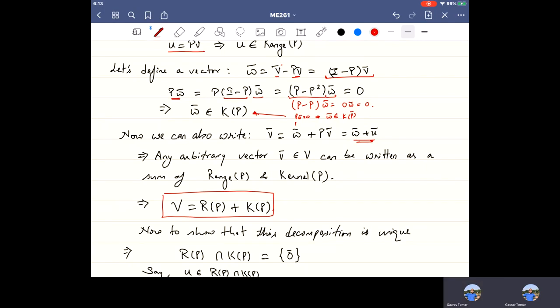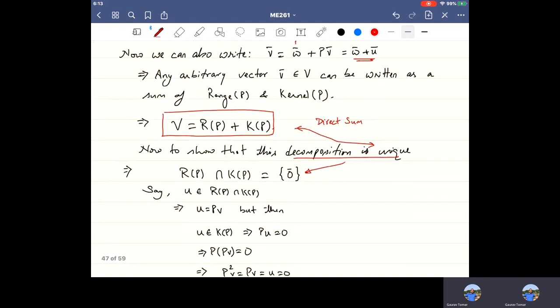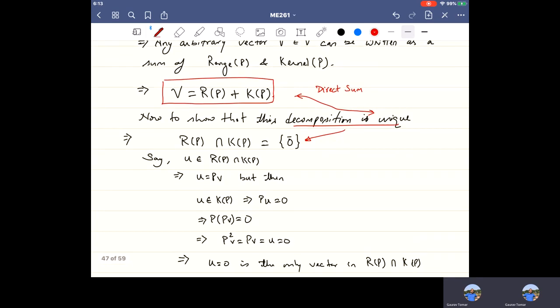Now, to show that this decomposition is unique, that means this sum is a direct sum, that's what we want to show. And for that, we have to show that range of P intersection kernel of P should be zero. That seems obvious also in a way, but we'll prove it more systematically here.